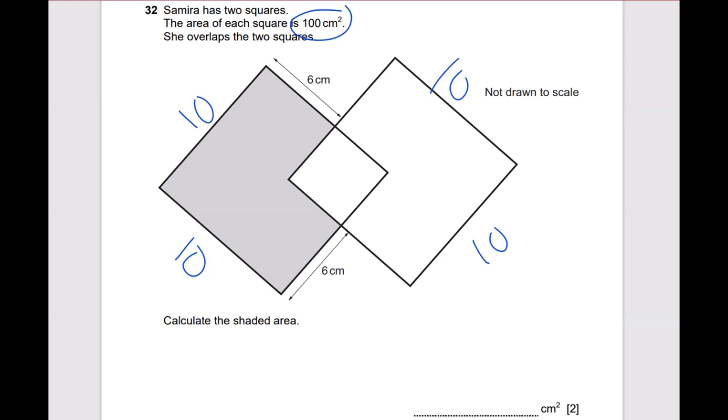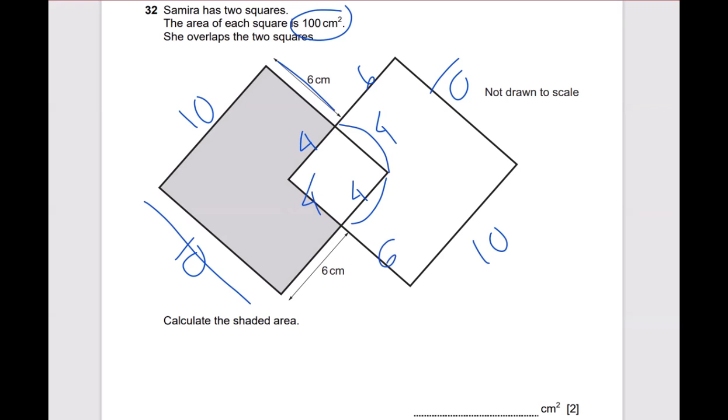Now this is 6, it means we have extra 4 here. And then again, this is 4, so this will be 6. And this one also will be 10 minus 6, that is 4. So this is 4, this will be 6, and this will be another 4.